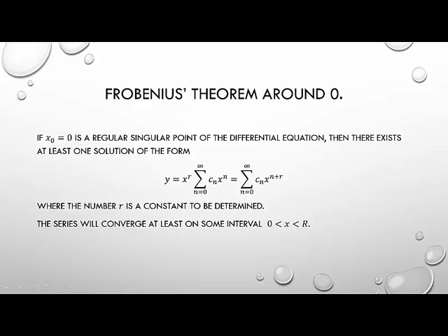More often than not, we will be looking at power series around x equals 0. That simplifies things greatly for us, and so when we set up our Frobenius' theorem method of finding a power series, we're going to consider x to the n plus r times c n.